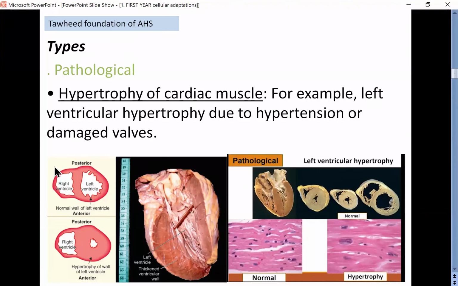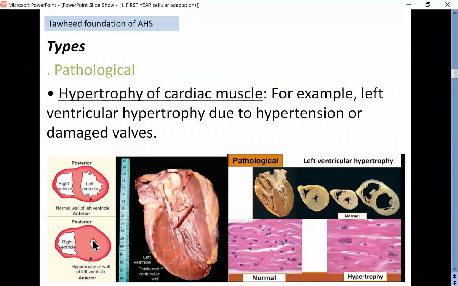So what happens? The left ventricle will undergo hypertrophy. The cardiac muscles present in the left ventricle will increase in size because of the hypertension or the damaged valve.